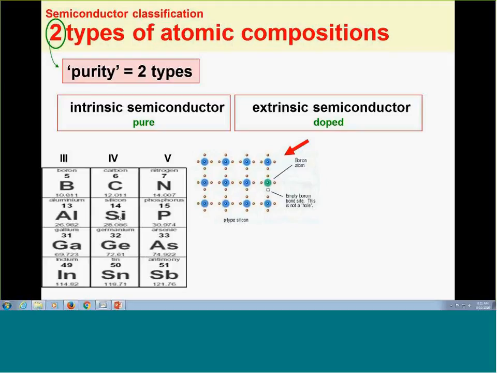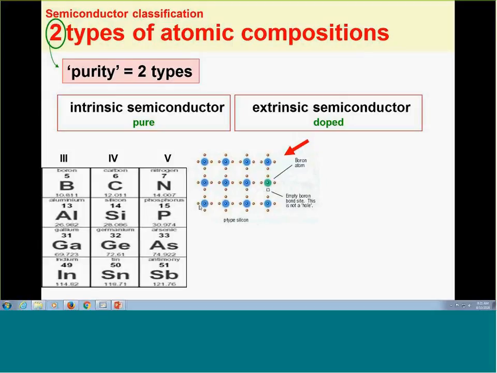So we add group 5. That's right, Ismarul. So we can add, nitrogen definitely not. So normally we add phosphorus and also arsenic. Or sometimes we use antimony, but basically we use phosphorus.